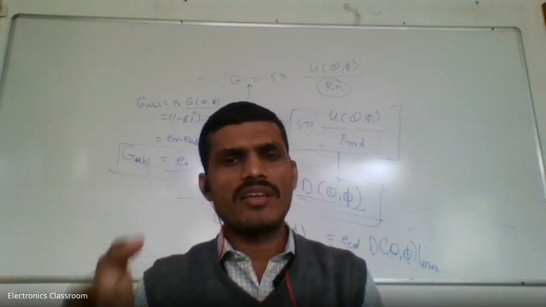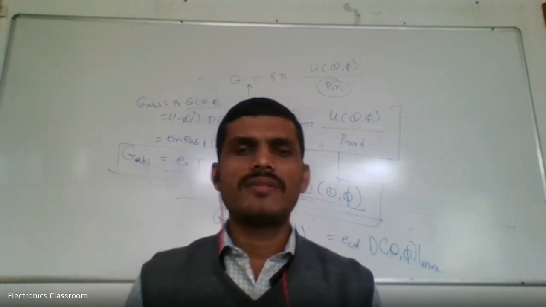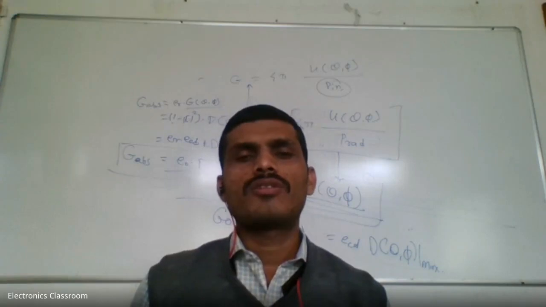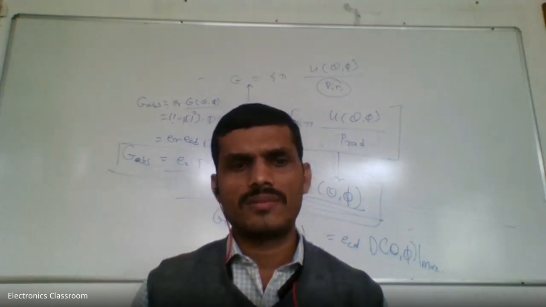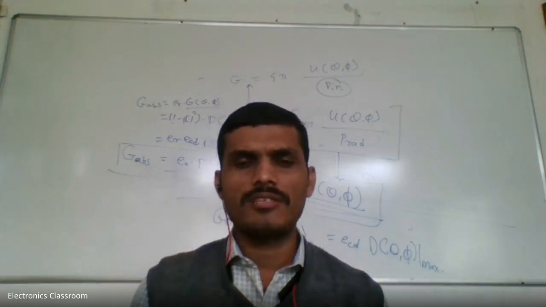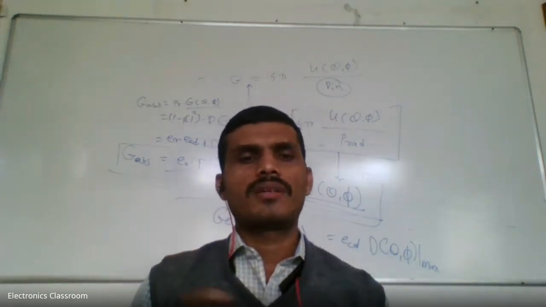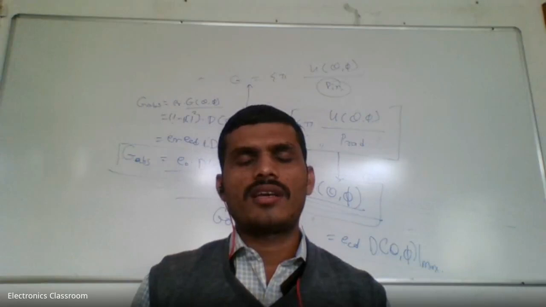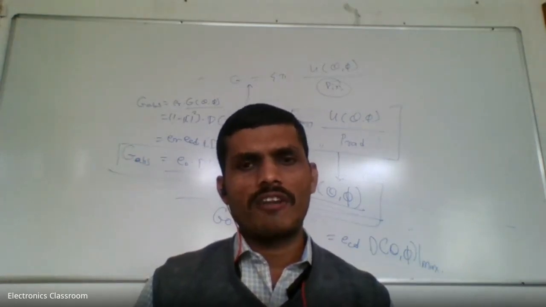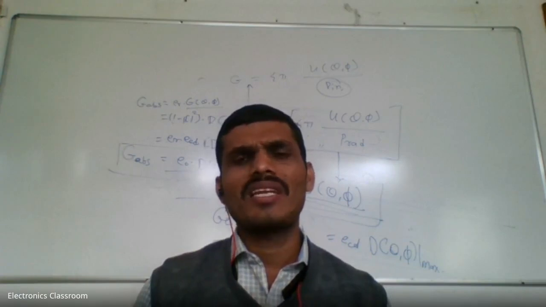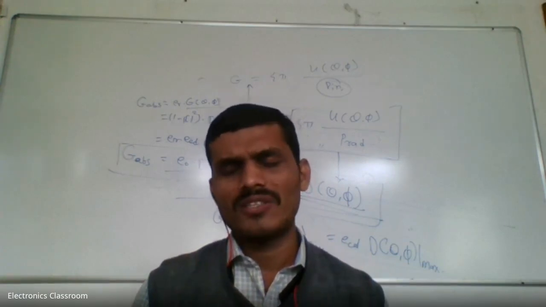That means your radiation intensity divided by the total radiation input, that is total isotropic radiation. This same definition is present for every gain, but when we are taking gain, absolute gain, or partial gain theta and phi, at that time we are taking simply the same direction for that calculation.